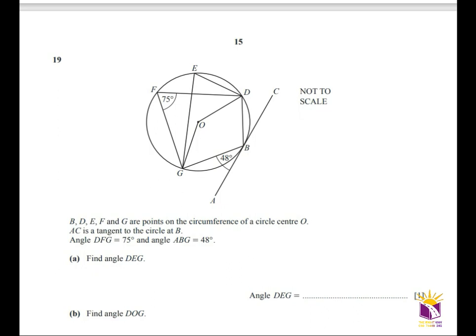Question number 19. B, D, E, F and G are points on the circumference of a circle with center O. AC is the tangent at B. Angle DFG is 75 and ABG is 48.